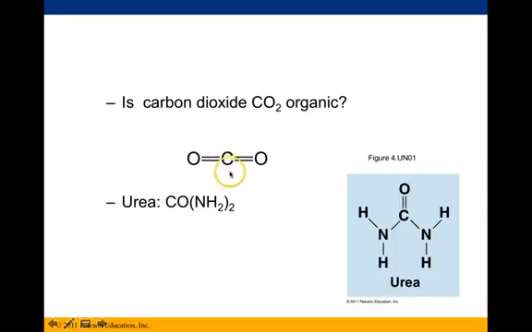Some textbooks say that carbon dioxide, which has carbon and 2 oxygens, is not organic. Well, why? I'll let you guys look into it, but the best example that I like to give from my side is diamond. Diamond is a molecule made completely of carbons, and being made of carbons, do you think it is an organic molecule?